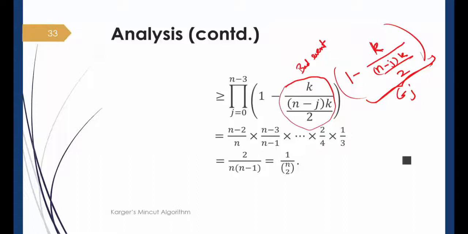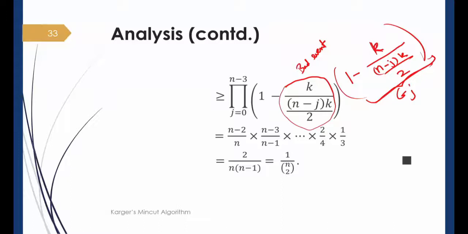Such a good event has to occur for every j, and therefore we take a product over all j values, and this is the expression we get. Now, solving this expression, each one of these is easy to see, going to be of the form n minus 2 by n, n minus 3 by n times, and so on, up to 2 by 4 times 1 by 3, and so on.